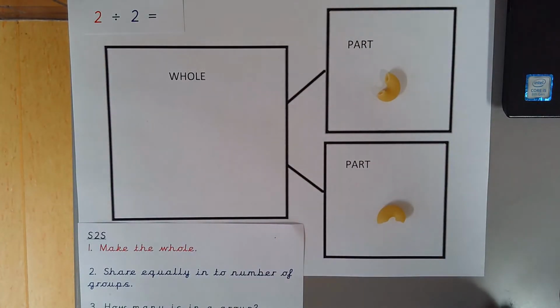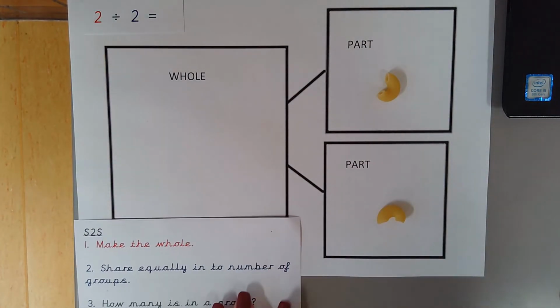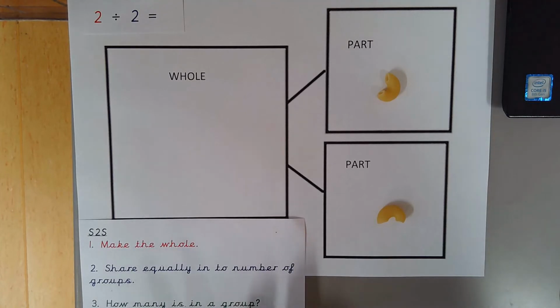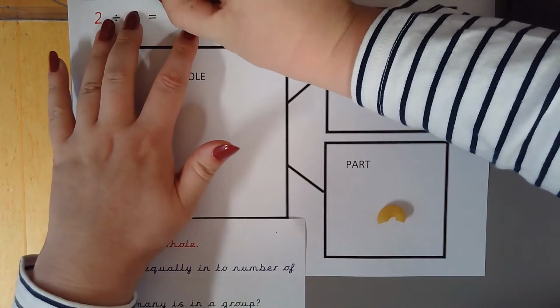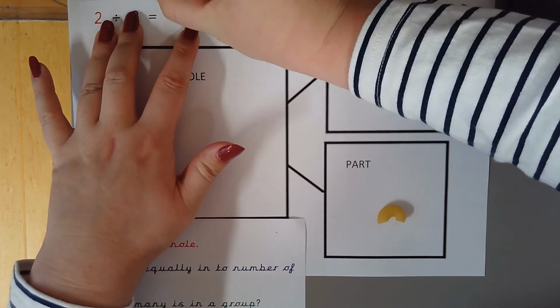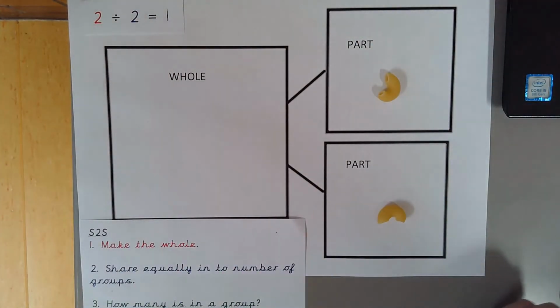Do I have the same amount in each group? Yes. How many is in each group? 1 in this group, 1 in this group. So 2 divided by 2 equals 1. And I know that 2 divided by 2 is the same as half of 2. Absolutely. Half is the same as dividing by 2.